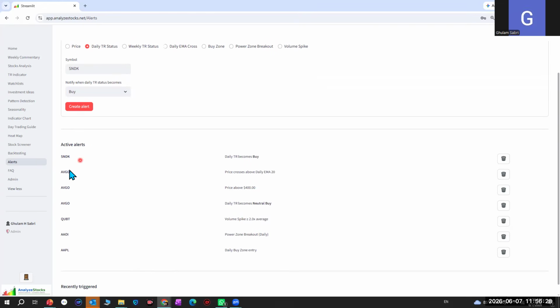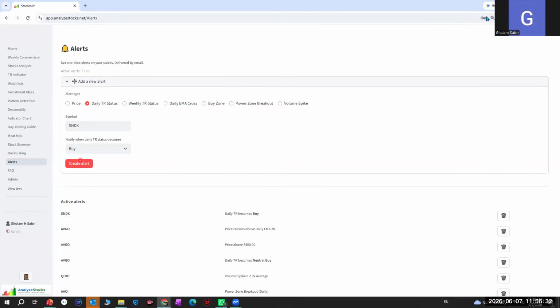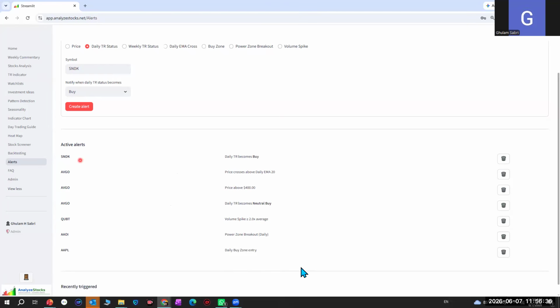And here is my alert: SanDisk, daily TR becomes buy. The system has all the alerts in its database, and it will trigger whenever the time comes and let me know through an email.